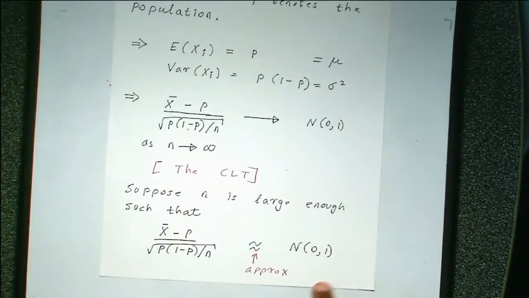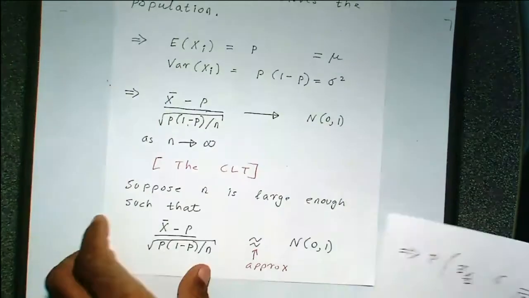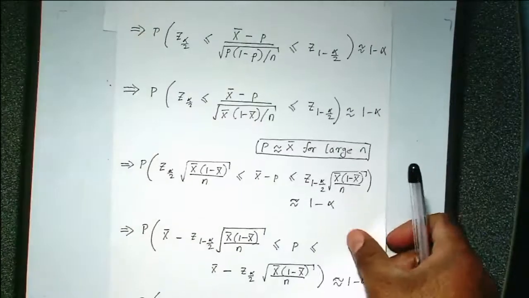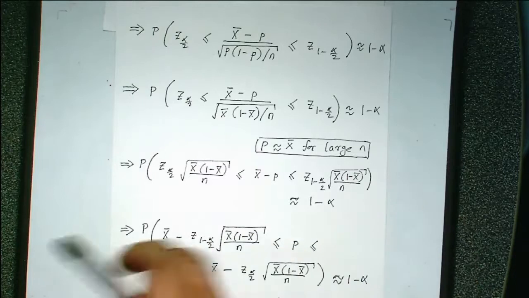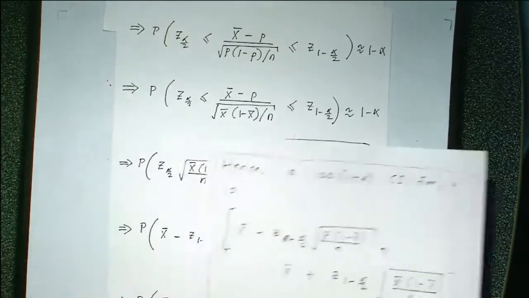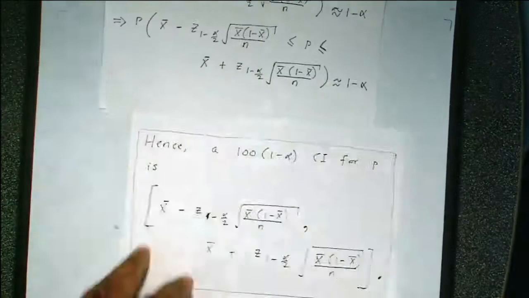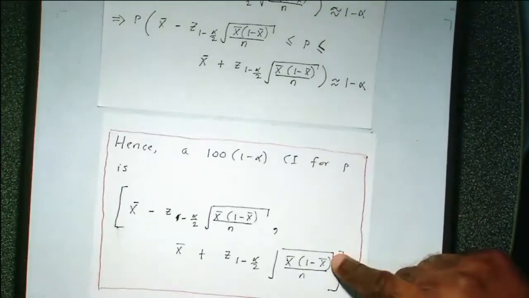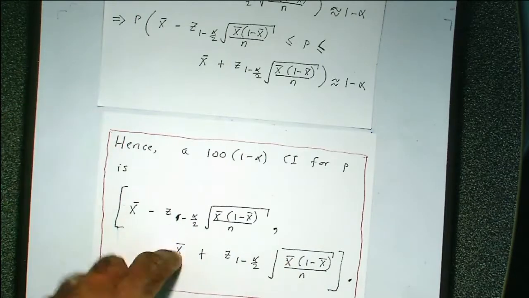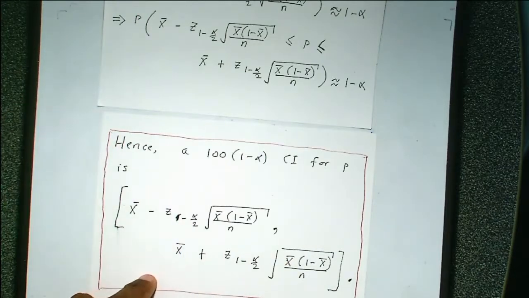And the final answer we got is, I'll show you in a sec, is this one here, right? This is the confidence interval for the population proportion, using the central limit theorem, right? So the derivation of this is also examinable, okay?